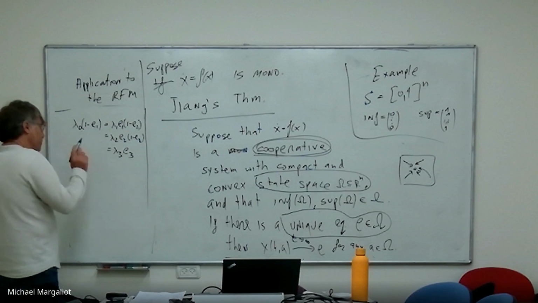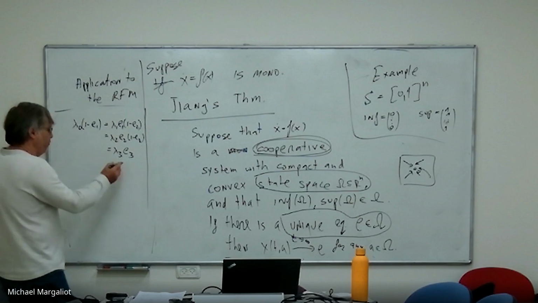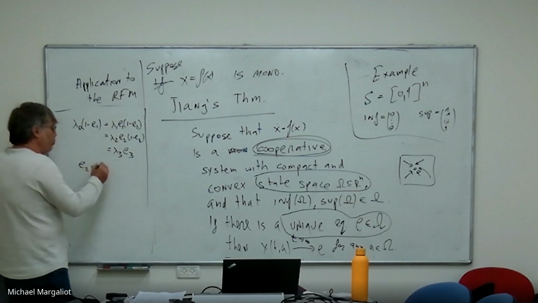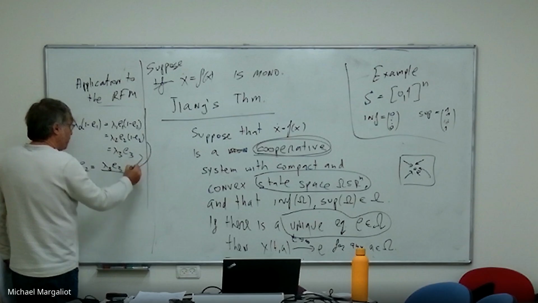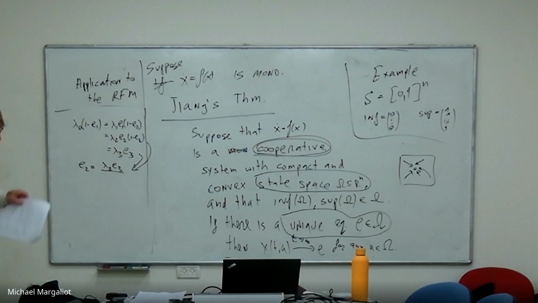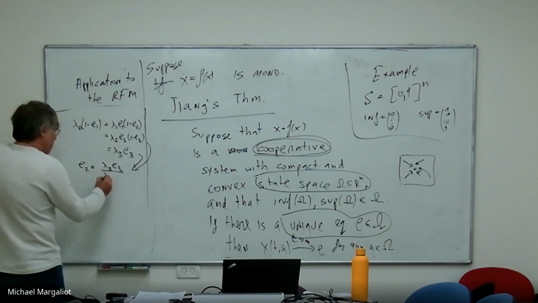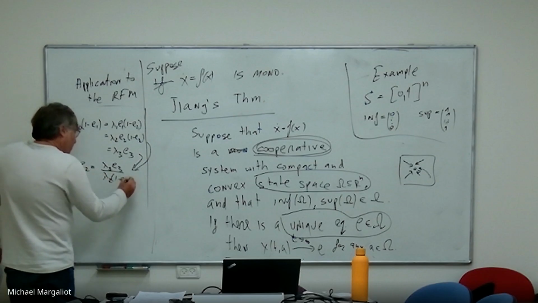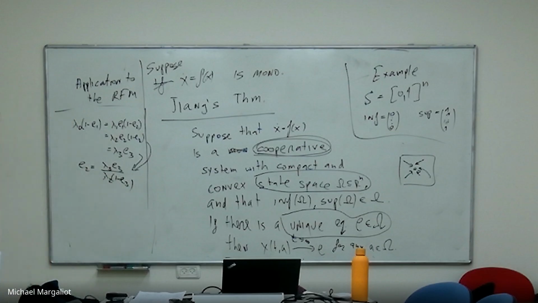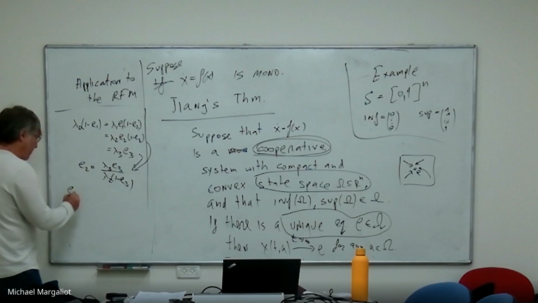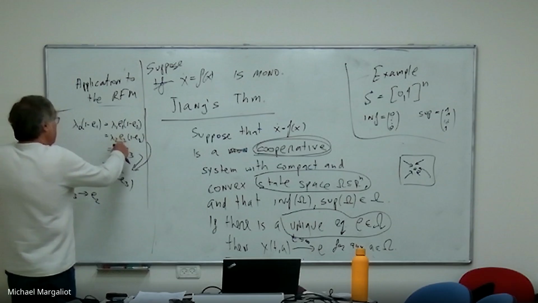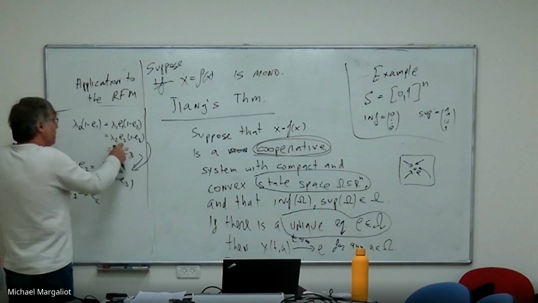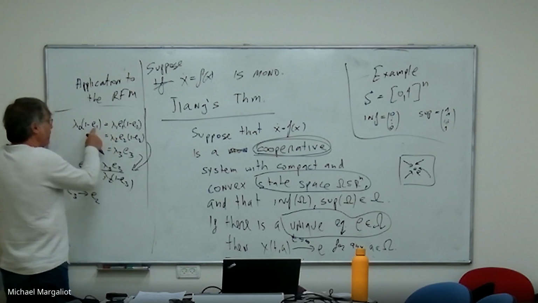Sorry, let me go back a minute. From here it follows that E2 is lambda 3 E3 from these two equations. I get this equation for E2 if I didn't make a mistake. So E3 determines uniquely E2. Now, from these two equations, I see that if I know E2 and E3, I know E1.